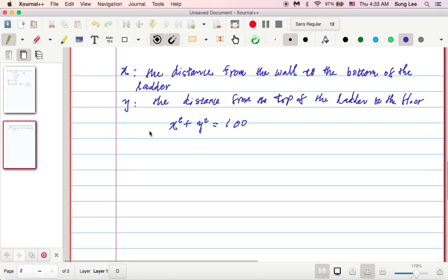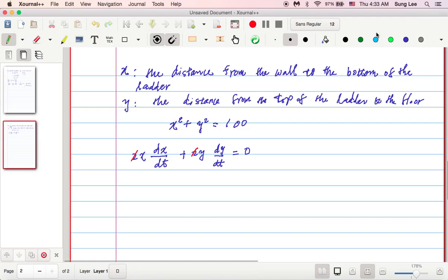All right, so we differentiate this equation, x squared plus y squared equals 100, with respect to t, of course. So 2x dx/dt plus 2y dy/dt equals 0, right? So divide this equation by 2, cancel this and this.